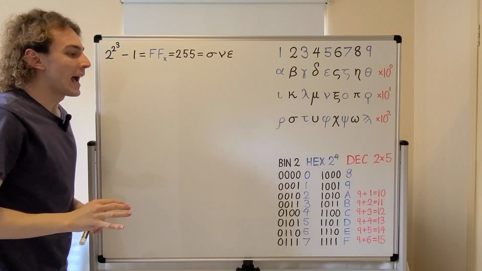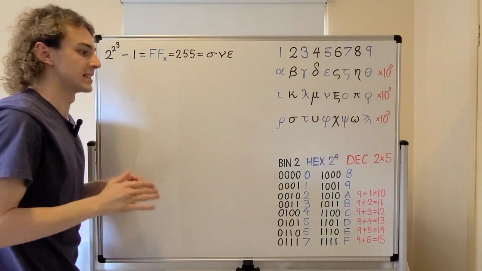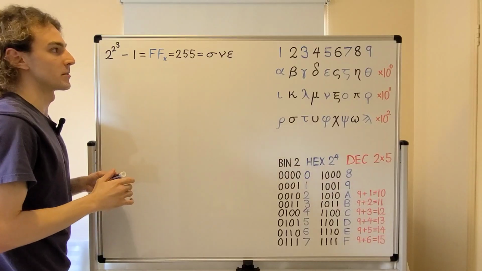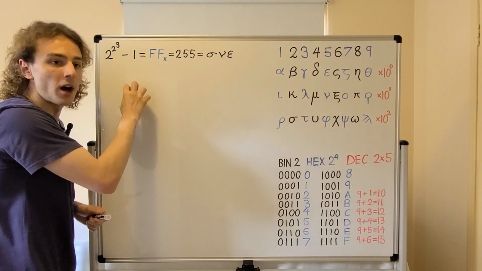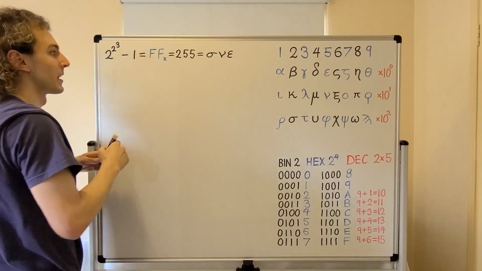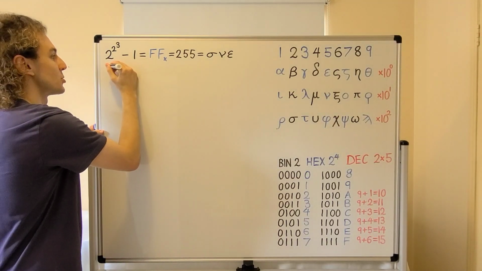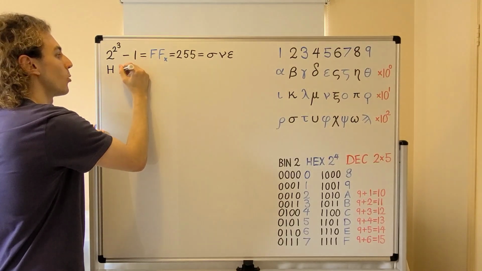Now let's have a look at the Greek acrophonic system. The acrophonic system uses a slightly different way of representing numbers. So for 200, we're going to represent that as the symbol for 100 written twice. And the symbol for 100 is actually eta. It's the capital eta. So we can write this as eta, eta. Now, why is eta the symbol for 100?